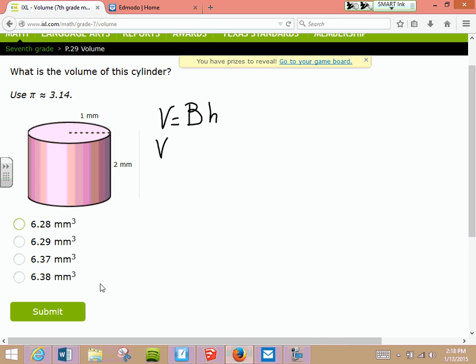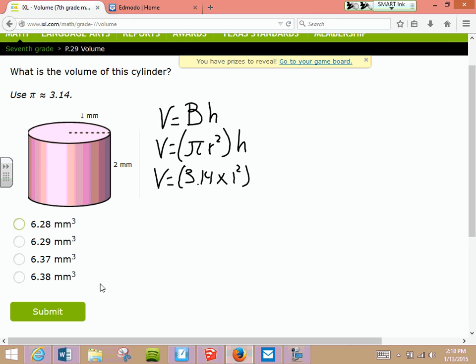Right below it, you will write the formula for the area of that base, which is, in parentheses, pi times r squared, correct? Times the height, right? Now that you have that, you're going to substitute what you already know you have. So we know what pi is, right? 3.14 times the radius is 1 squared, right?